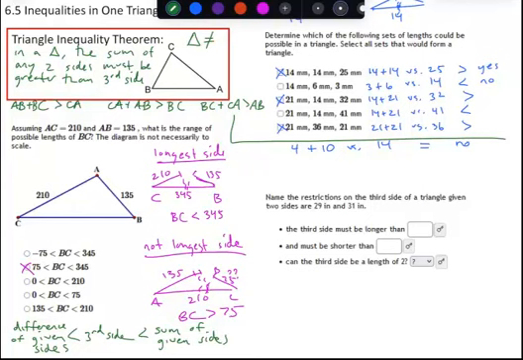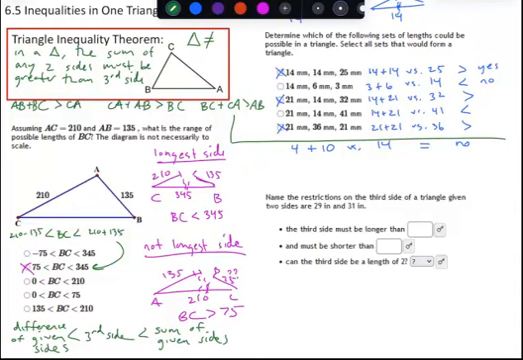So if you find that relationship, you have your answer. So here the calculation is BC has to be greater than 210 minus 135, but less than 210 plus 135. And that's going to give you the answer.